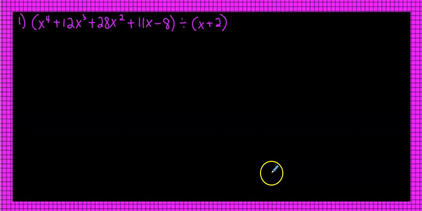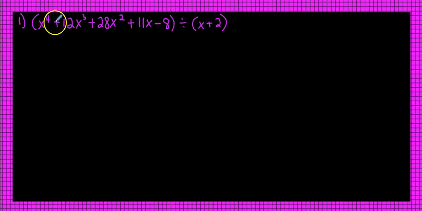The first thing I want to do when I have a polynomial division problem is look at both the divisor and the dividend and make sure that the exponents are in descending order, and also that I have a term for each exponent. So in other words, I have an x to the 4th, x to the 3rd, x squared, x to the 1st, and then I also have a constant.